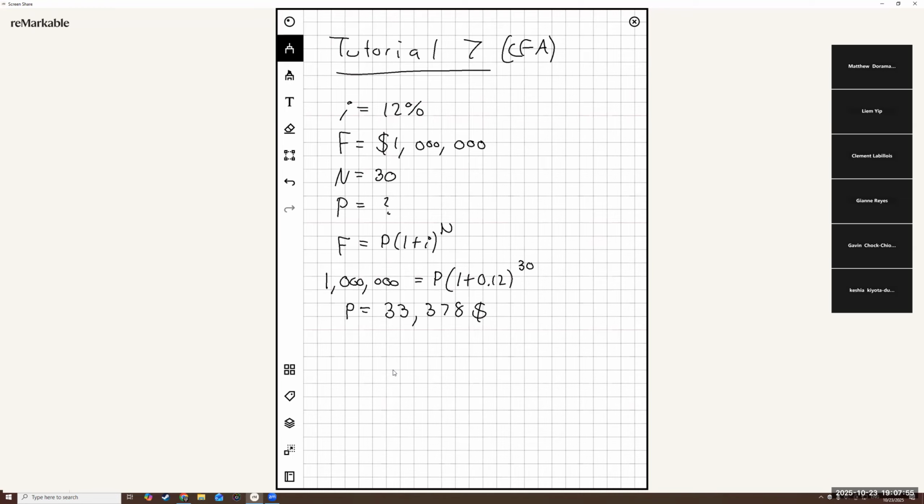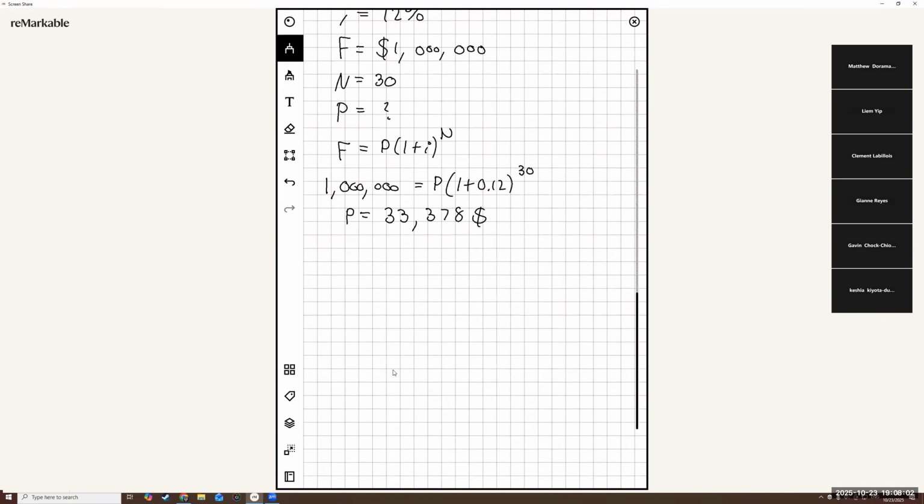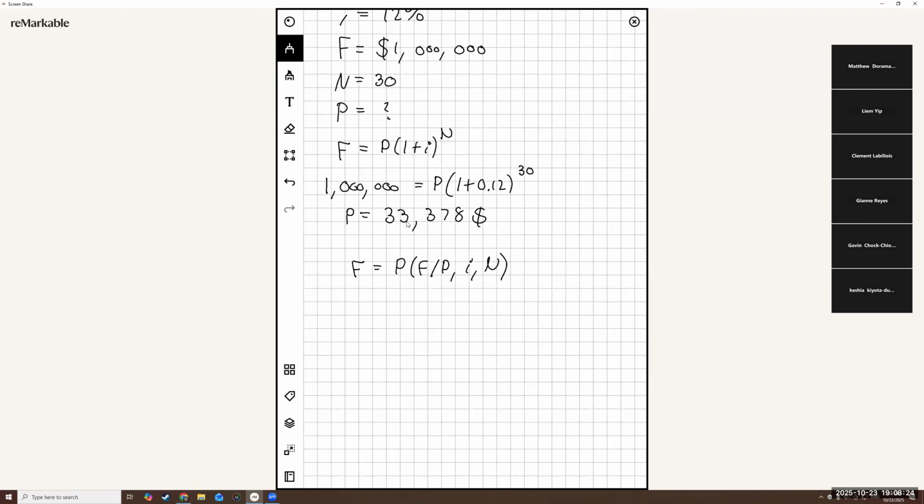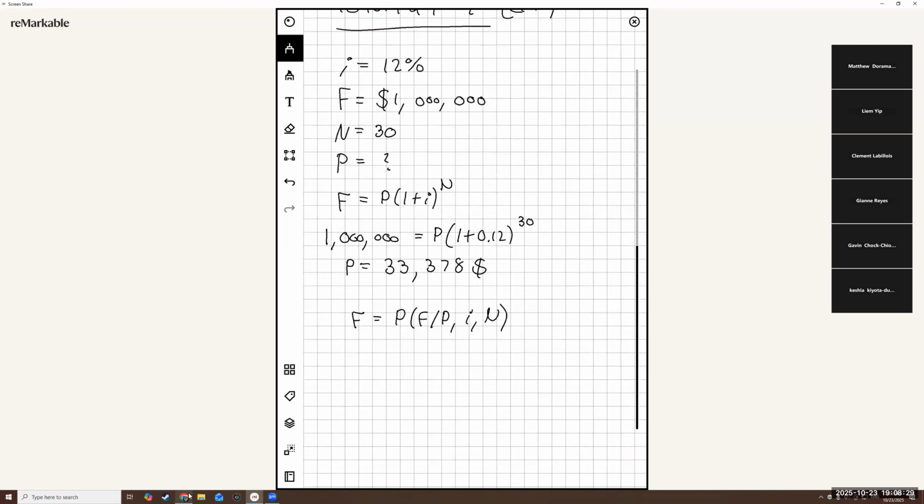Okay. So what if we wanted to use the formula or the table? Keep in mind that the formula we used here is F equals P times (F/P, i, n), because we want an F from a P value. If we want to use the tables here instead, keep in mind our interest rate is 12%, and we have 30 periods.